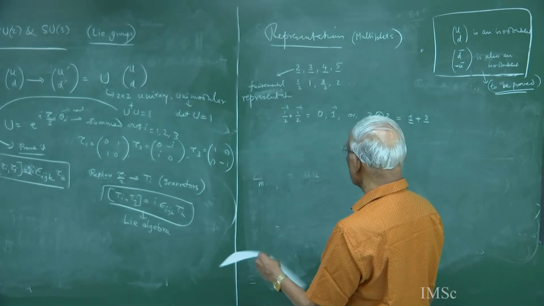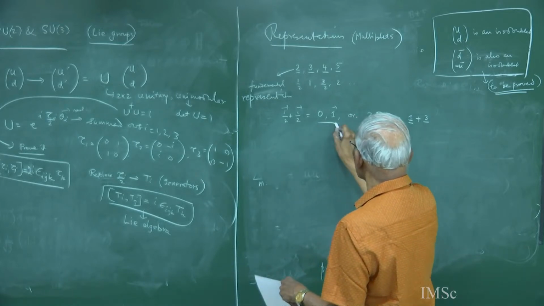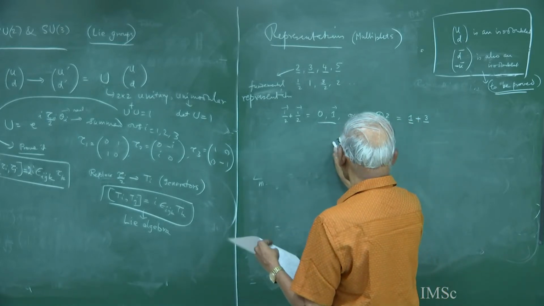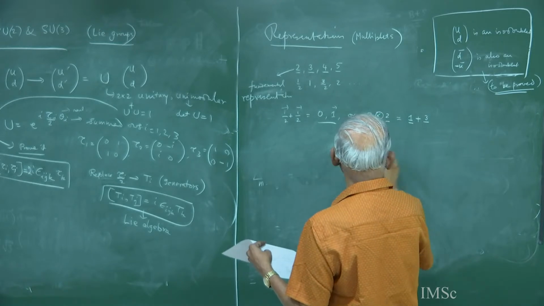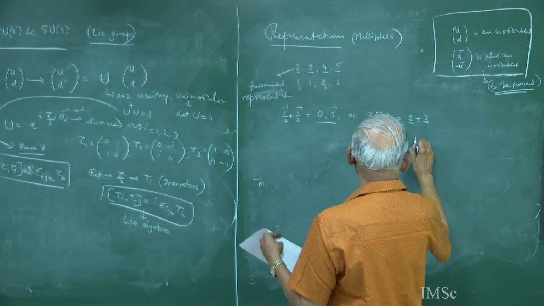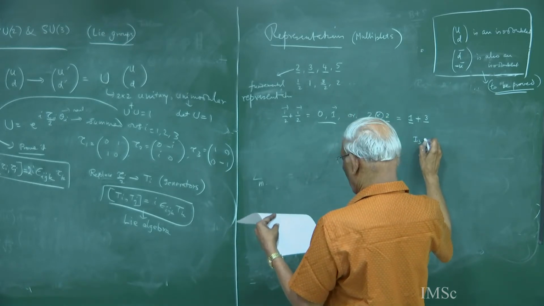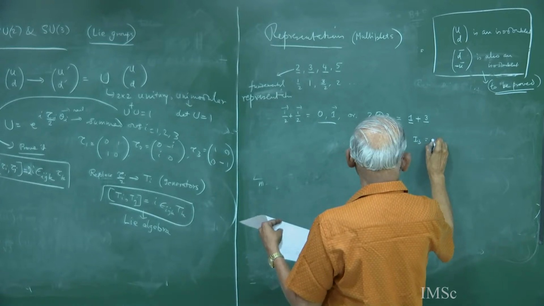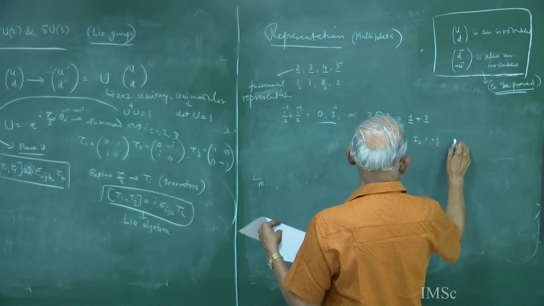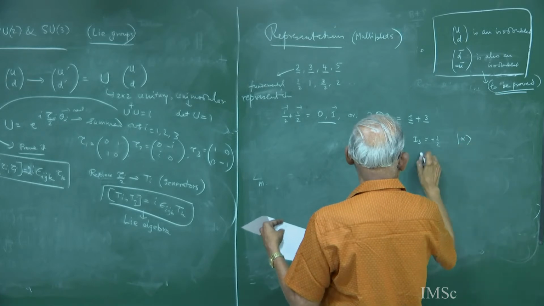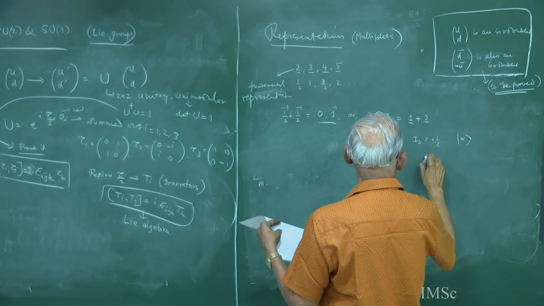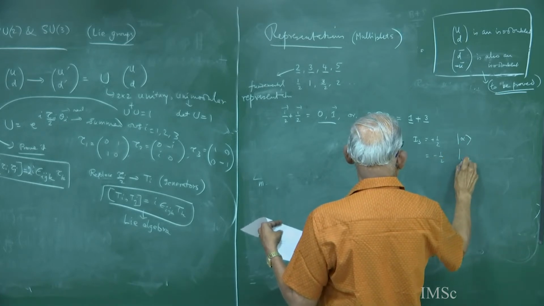2 is the fundamental representation, and let me illustrate this now. I already did it earlier. For a single object, I3 equal to plus half we denote by the state vector alpha. I3 equal to minus half, we denote by beta.